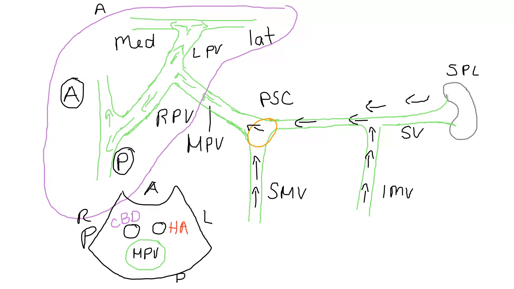If we look at this, the hepatic artery sits anterior to that main portal vein and to the left, which is going to be medial in the body for this particular scenario. So again, this is in regards to the body where, again, the portal veins, the left portal veins are in regards to the organ. So here we go. So the hepatic artery sits anterior and medial to the main portal vein.